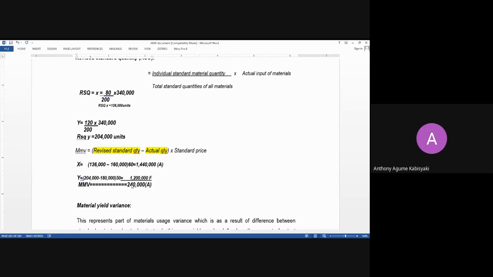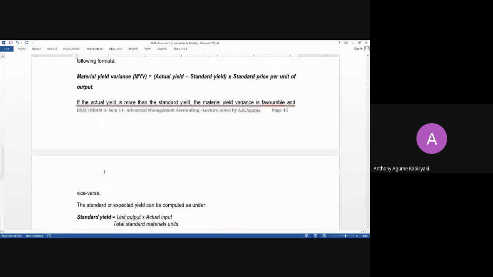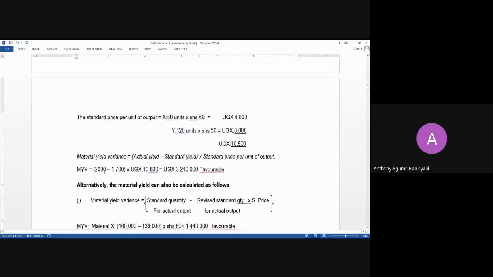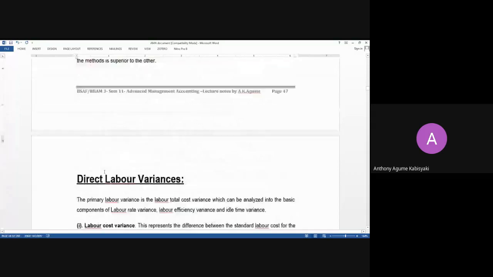Material mix. So what remains is material yield variance, of course, with material used.